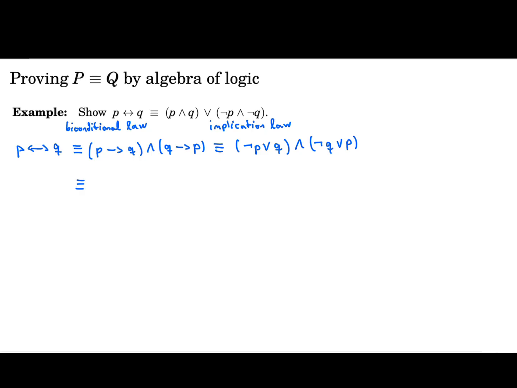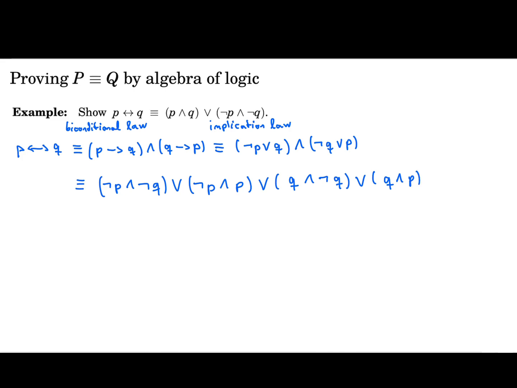And so this will be equivalent to not P and not Q, or the first with the second, right? So not P and P, or the second term with the first of the second part there, which would be a Q and not Q, or a Q and P.